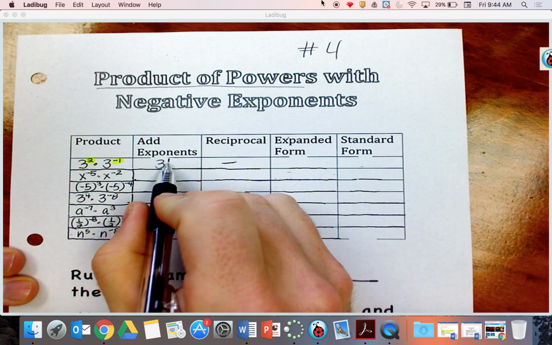Now, I got to ask myself, well, I have a negative exponent, negative 4. I need to take the reciprocal because I'm going to write it as positive. So I just flip it over. So it becomes 1 over 3 to the 4th power. Now I can expand that out to 1 over 3 times 3 times 3 times 3 because I have 4 3's.